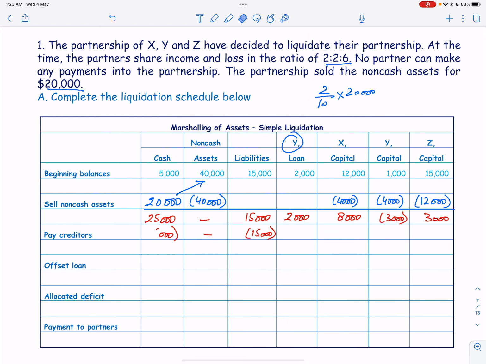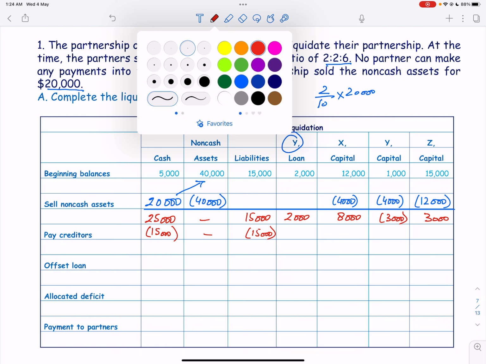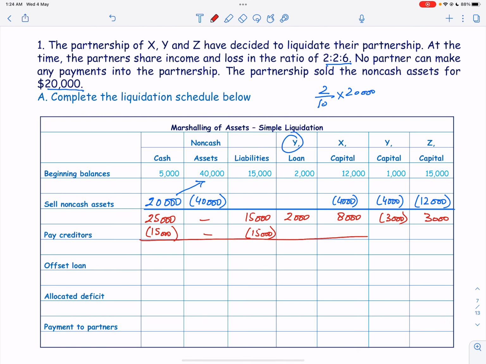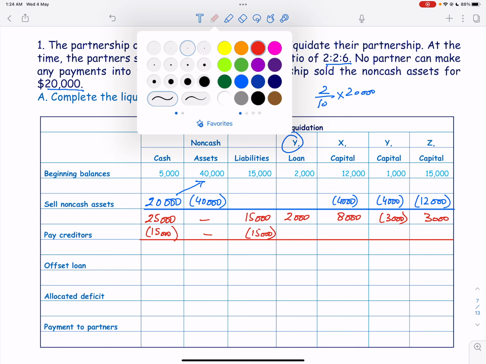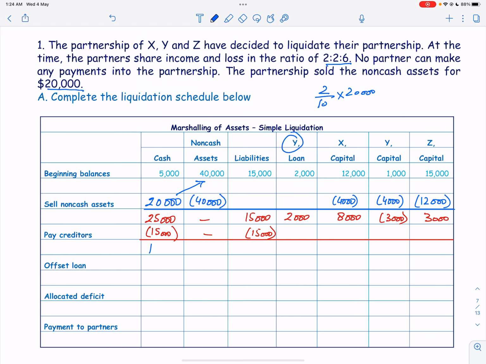And then now the balance is 15, $10,000.